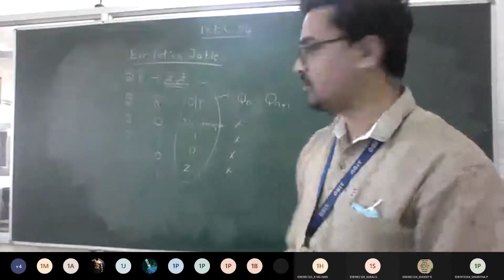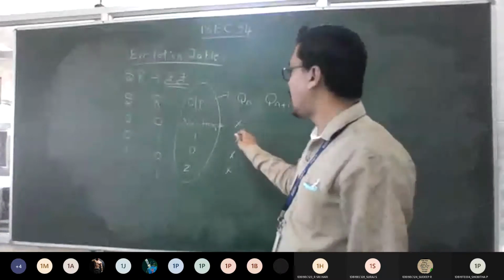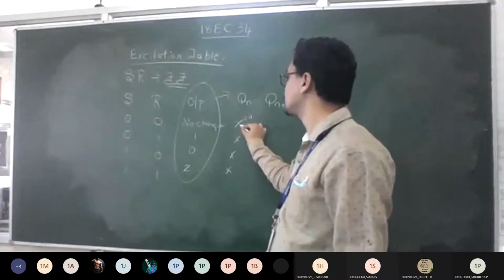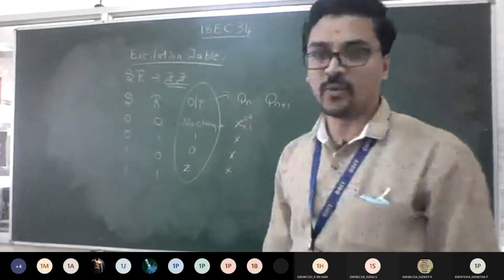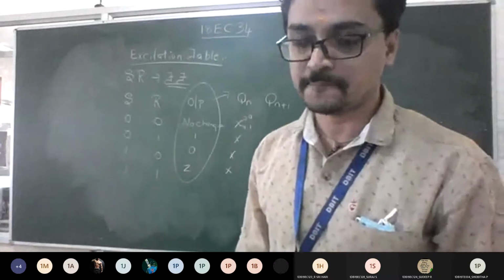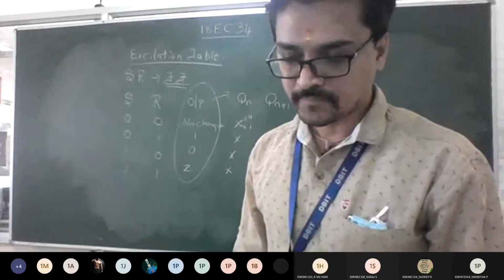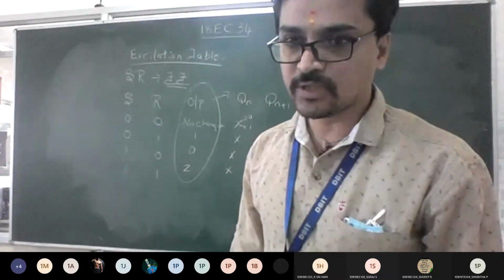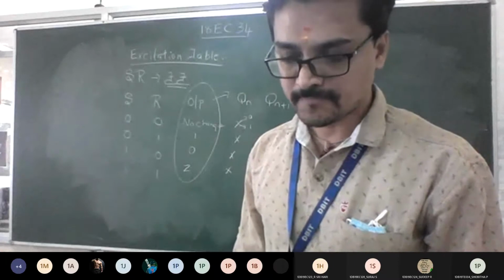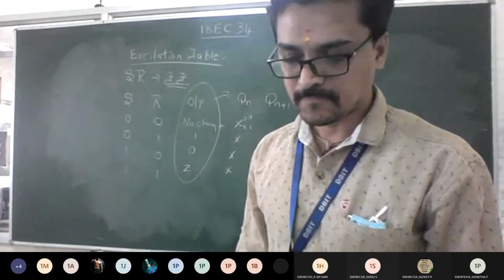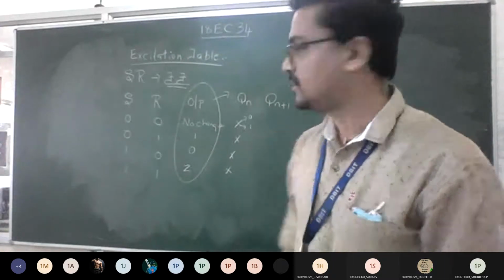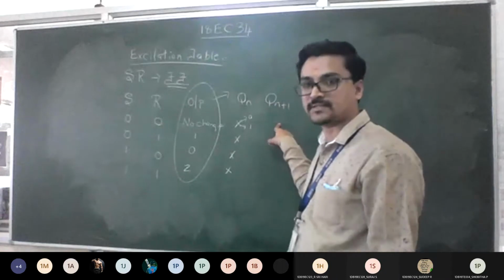So now, if I take X, I can take 0 once, 1 once. I can give both the inputs. Agree or not? Yes, sir. Correct?